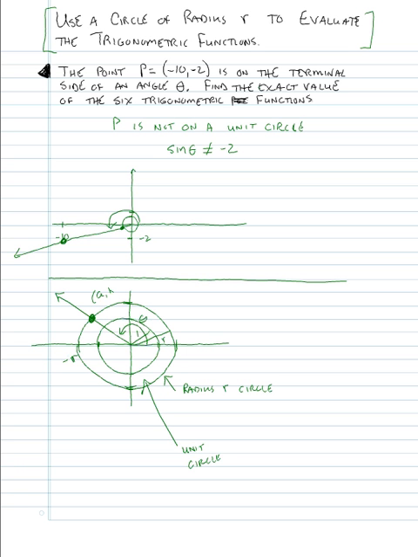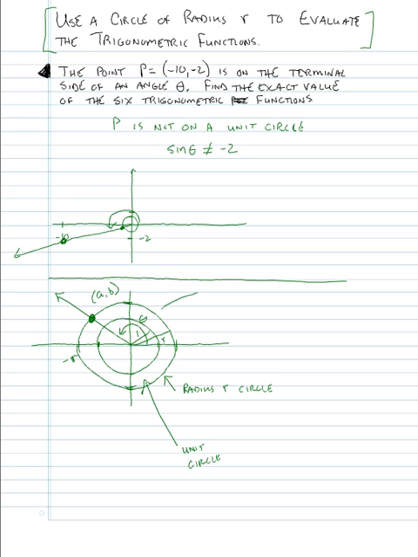I'm kind of doing this backwards. So we have a point, (a, b) is the point I'm going to call it. All we really know is we have an angle theta and a point (a, b) on the terminal side of that angle. So what we really do is we draw a circle that goes through that point, centered at the origin.